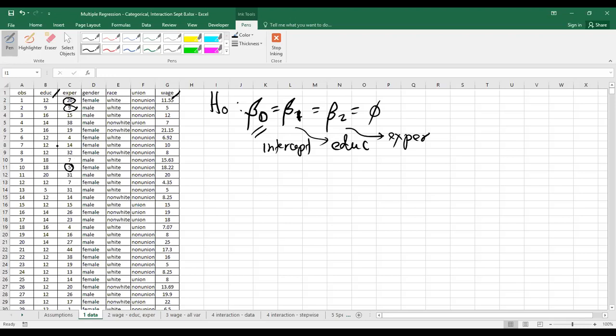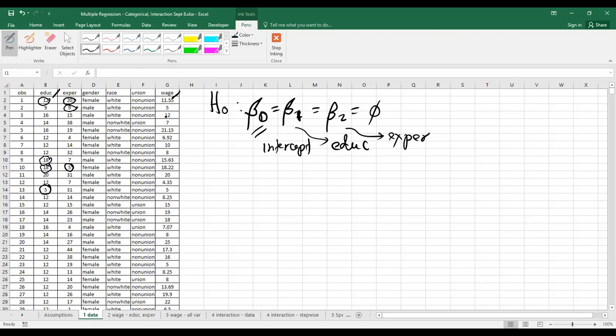Sorry. Experience pala yung tinitingnan ko. This is experience in terms of work dun sa company itself, no? Education naman, number of years spent in studying. So may mga 18, ibig sabihin nito baka nag-masters to, no? College masters. Yung iba naman 5, ibig sabihin hindi nakatapos ng elementary yan.